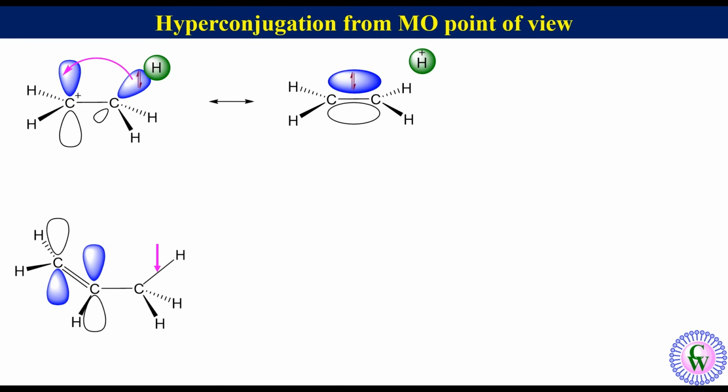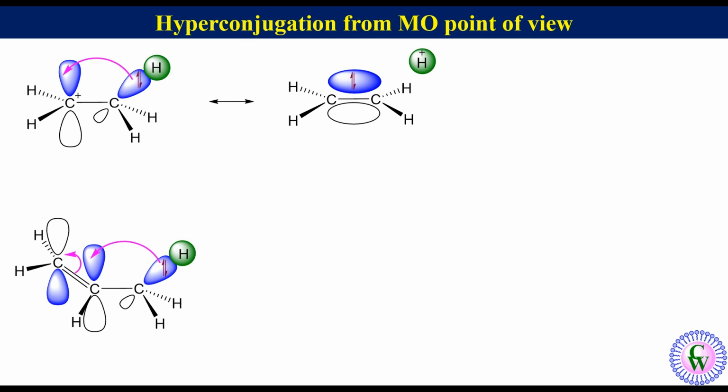This is the CH sigma bond parallel to pi star, the molecular orbital of which can be drawn like this. This is the sigma bond electron pair. Overlap of CH sigma orbital with pi star causes breaking of the CH sigma bond, formation of a pi bond between the right side carbon and middle carbon, and at the same time delocalization of these pi electrons to the left side carbon where it stays as a lone pair.